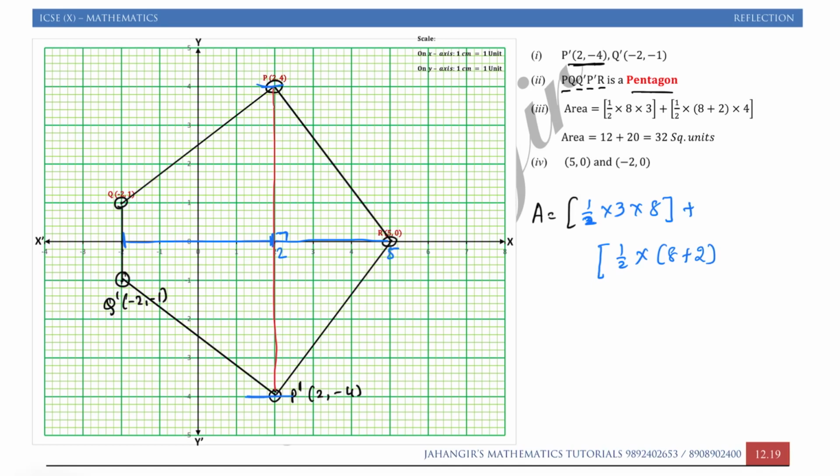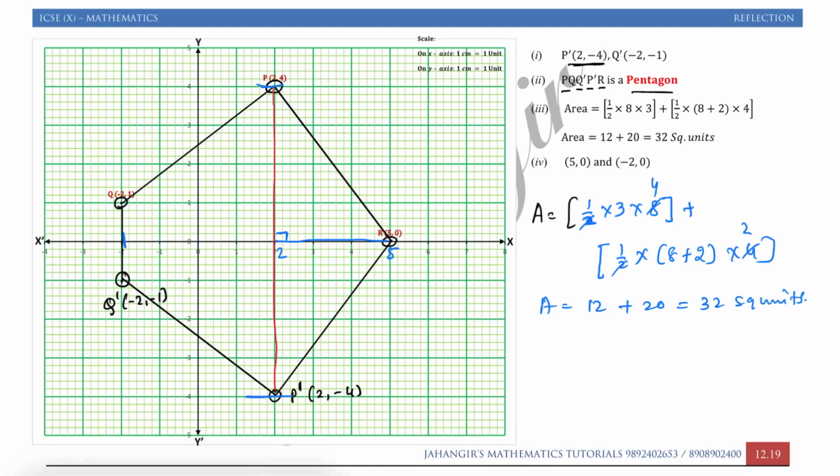Just look, it's a height. So it is from 2 to minus 2, it is 4. So we will solve. 2 1s are 2, 4 3s are 12, plus 2 1s are 2, 2 5s are 10, 2 10s are 20, that is 32 square units.